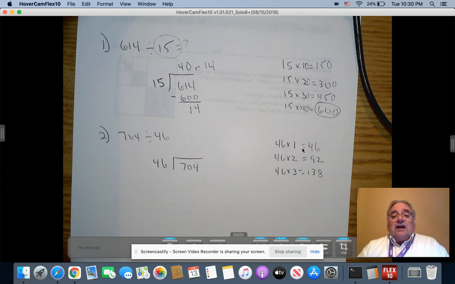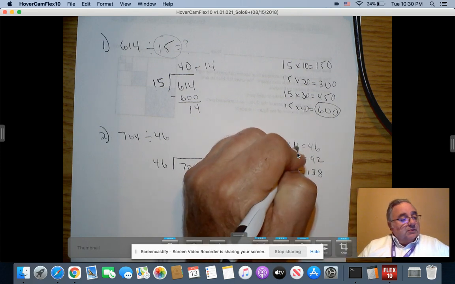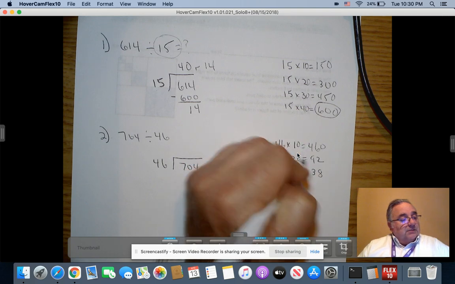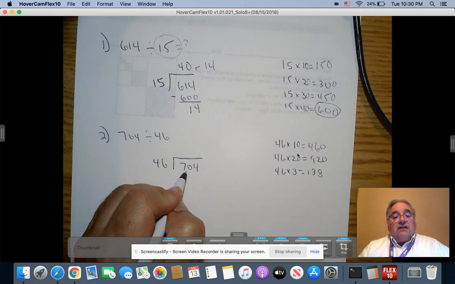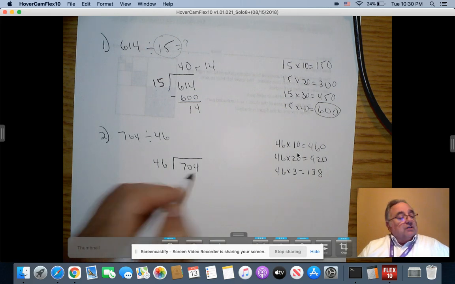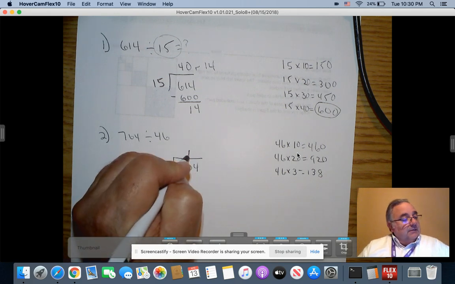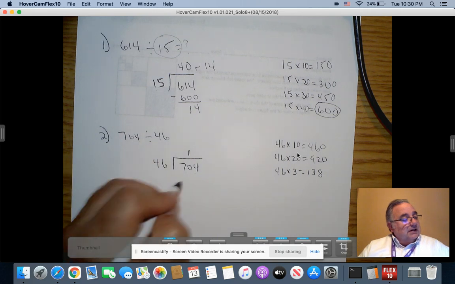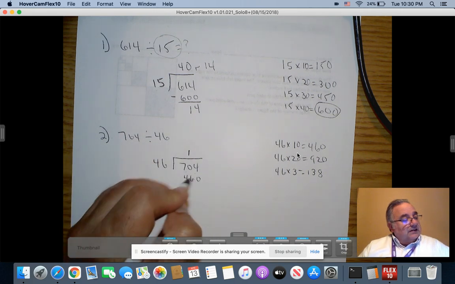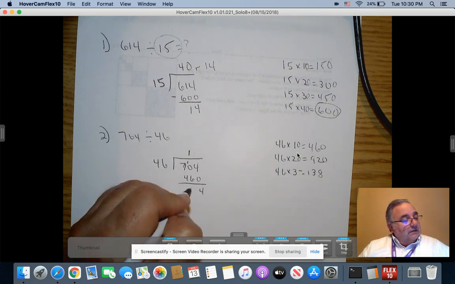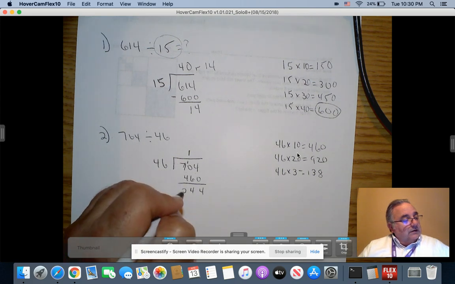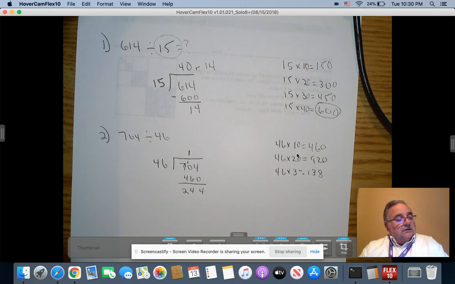So it looks like I'm going to be looking at this very first one, because if I do 10, this becomes 460. This becomes 920. And 920 is bigger than 704. So let's multiply it by 10. Put the 1 in the tens place. That gives us 460. Subtracting gives 244.